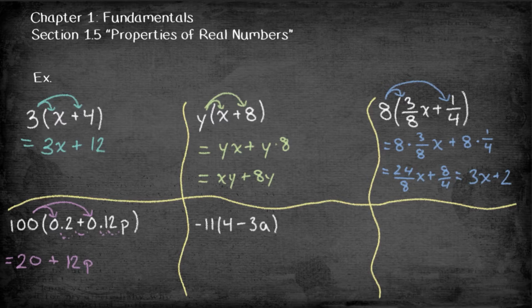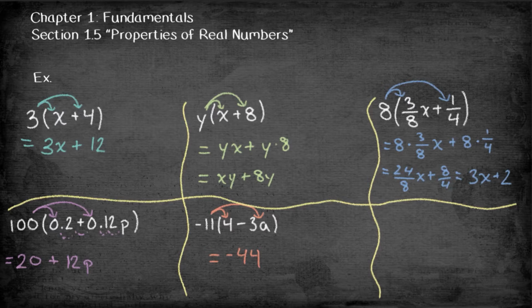All right, now I'm distributing a negative number. So again, these are all working the same way, but now I have to be conscious of what the sign of my product is going to be. So when I take negative 11 times 4, signs are different, right? So I have to include a negative sign on that multiplication.